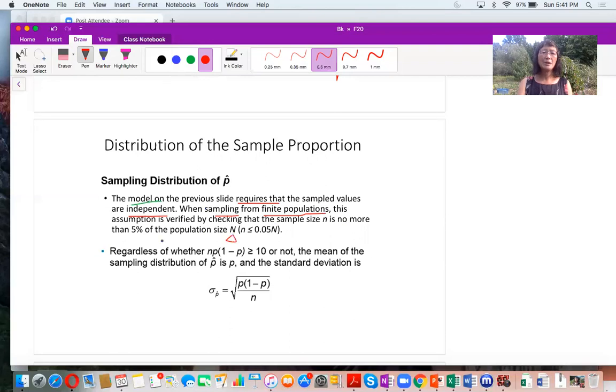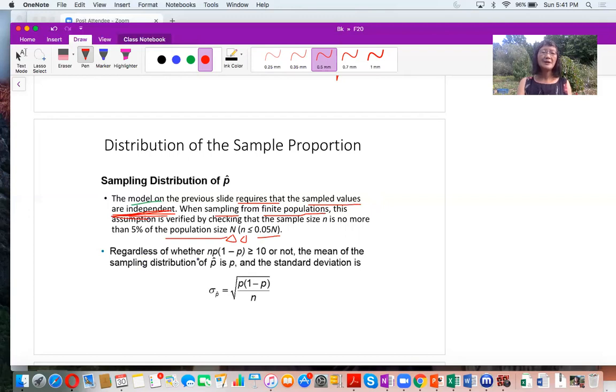Capital N represents population size. So the sample size should be smaller or equal to 5% of the population size. When this condition is satisfied, we know the sampled values are independent.